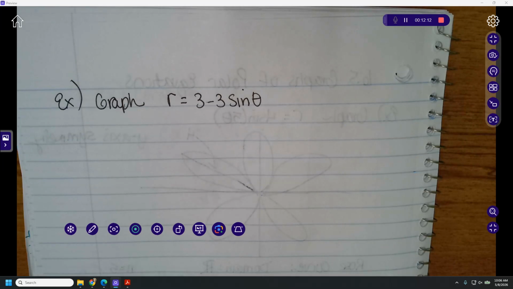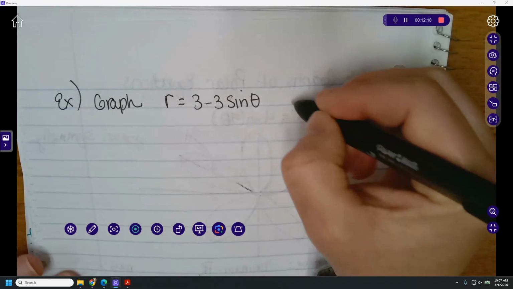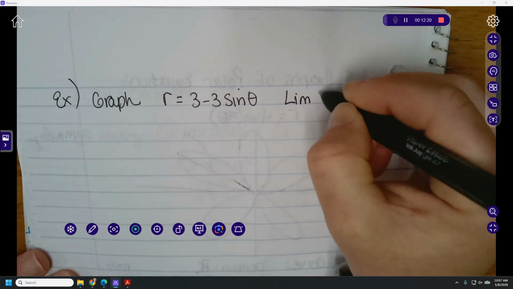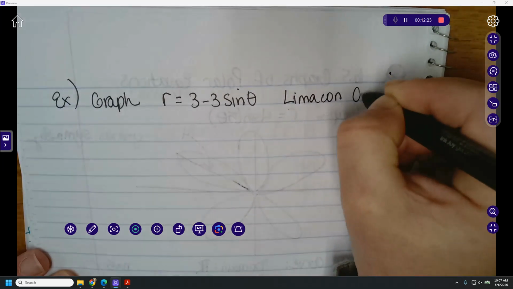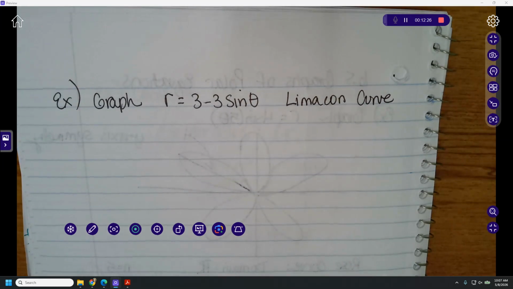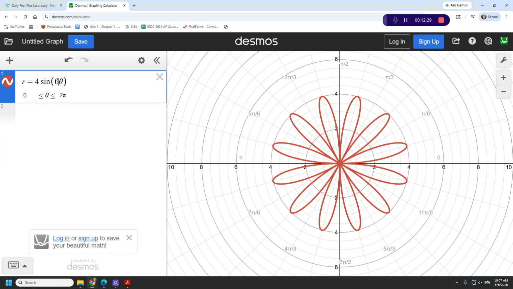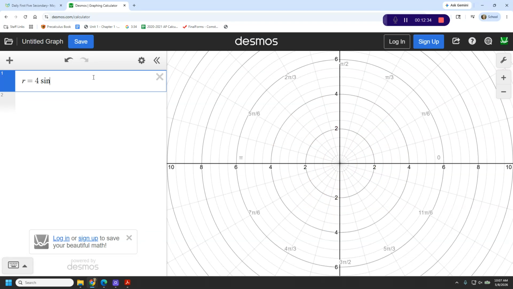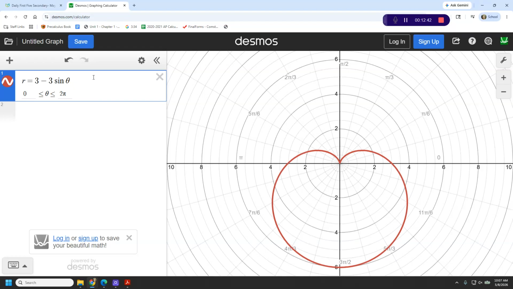But for now, let's see what this looks like when I graph it. Okay, so this is actually called a cardioid limacon curve. A cardioid limacon curve has something that looks like a heart shape to it.